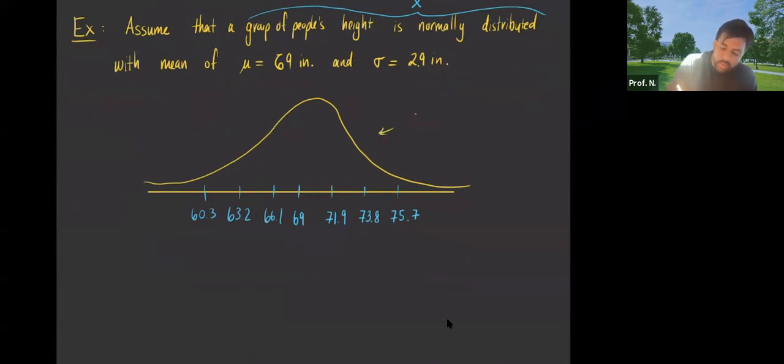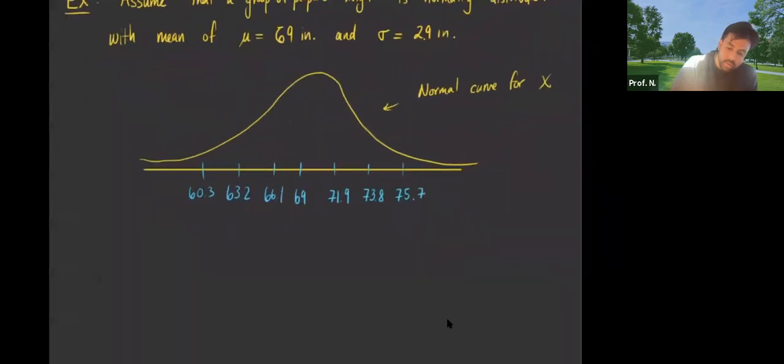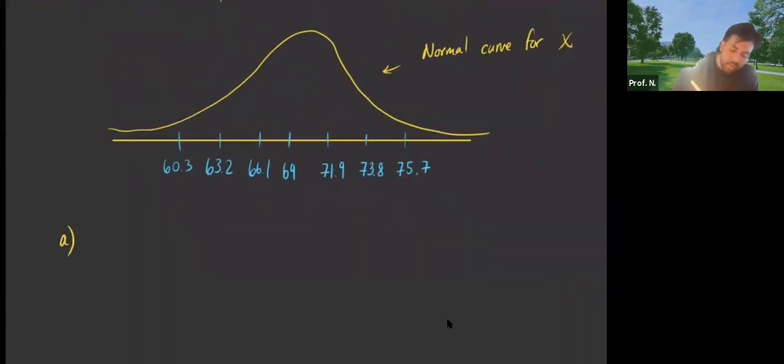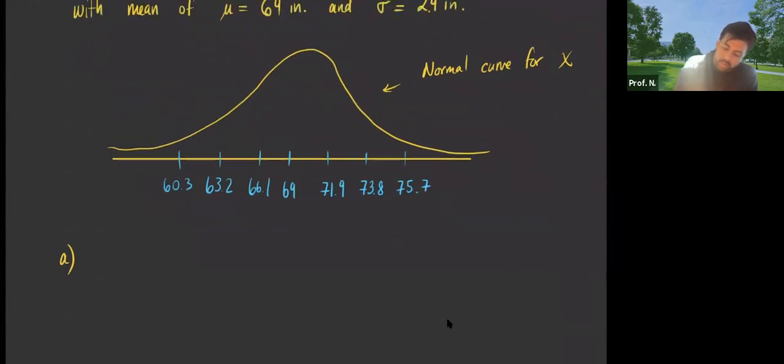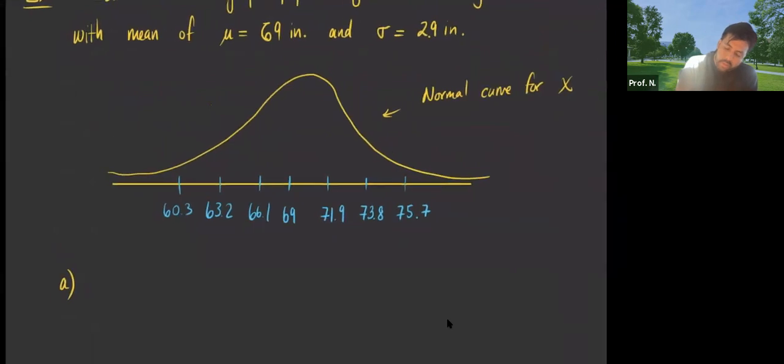Again, the normal curve for X. Now, suppose I want, let me redo 69 plus 2.9.